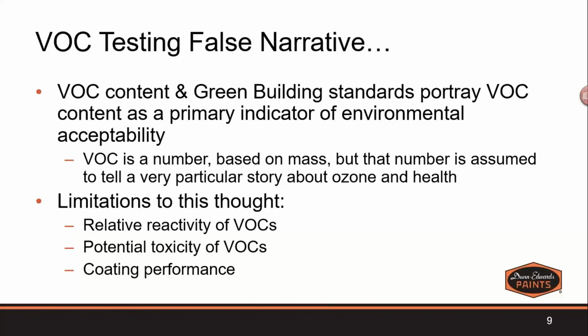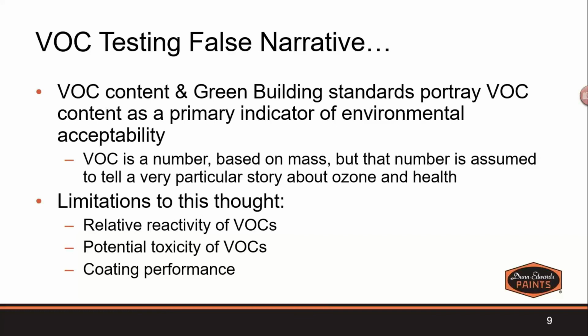Moving on, for indoor coatings, we have 50 grams per liter. We have ones that are 0 grams per liter, 0 VOC. But either way, all these numbers, when taken by themselves, assume that there's a huge safety risk associated. That if you choose a 50 grams per liter over one that's 0 grams per liter, that you are willfully inhaling these dangerous compounds and willfully putting people at risk, which isn't really true. There's a lot more to these VOC numbers.